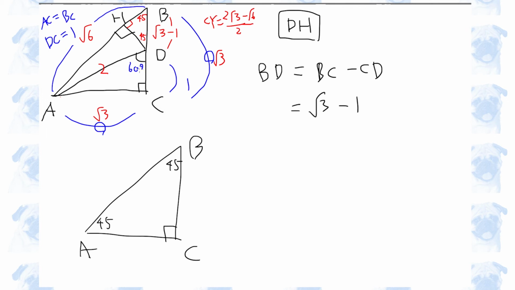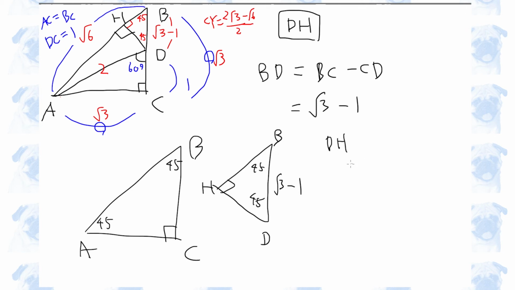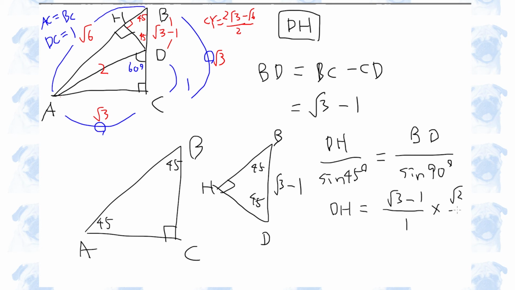So we have another isosceles triangle. So we can find DH using sine rule. DH over sine 45 degrees is BD over sine 90 degrees. So DH is root 6 minus root 2 over 2.